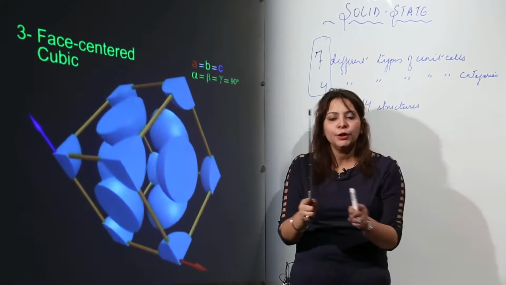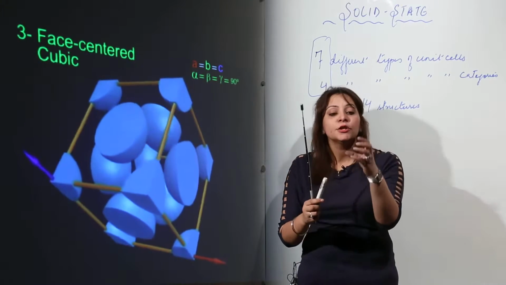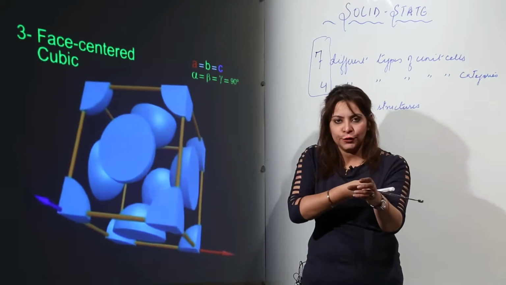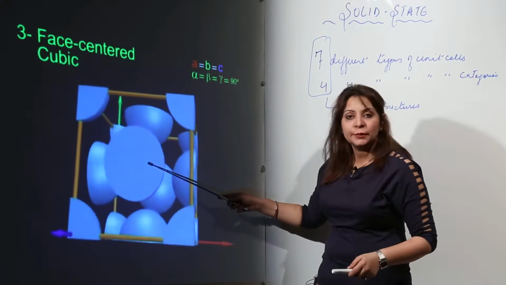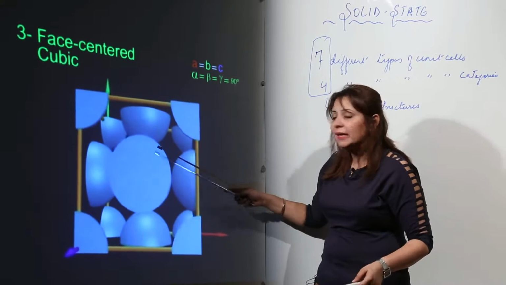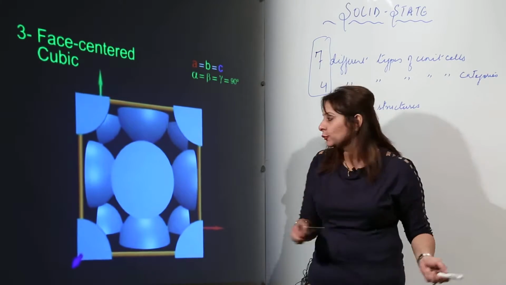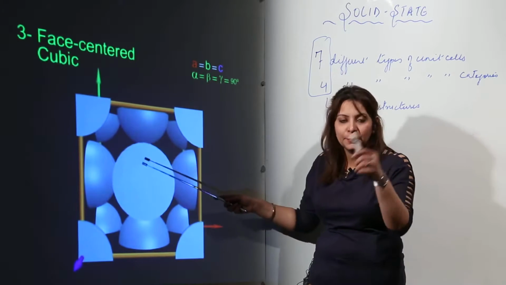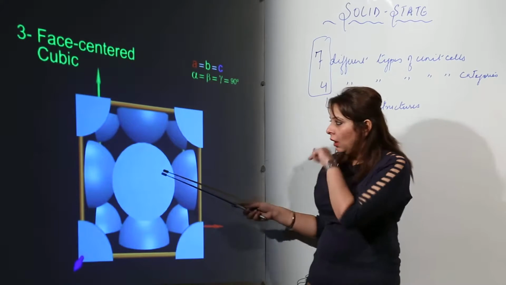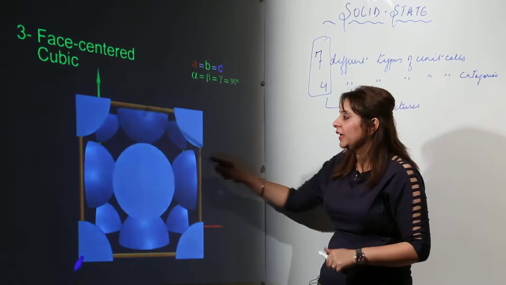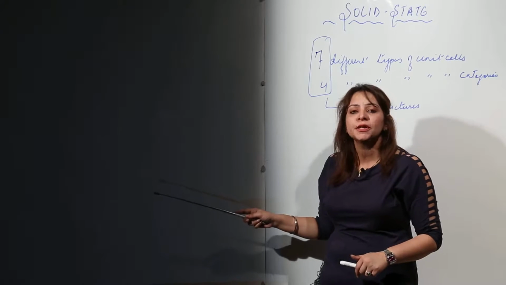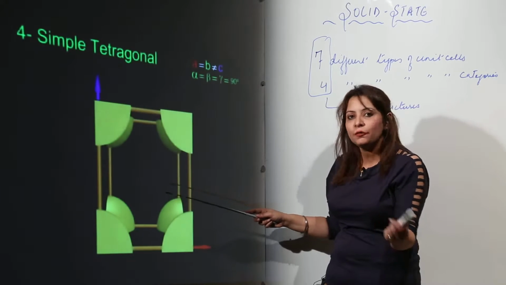Because if this is a unit cell and we have a particle here, it will be a part of this unit cell and that unit cell. That means this one particle is contributing simultaneously to one and to the adjacent one also. That is why it is slightly bigger, or you can say half of the particle. So in which 3 forms do we find cubes? We find them in body centered, primitive and face centered.